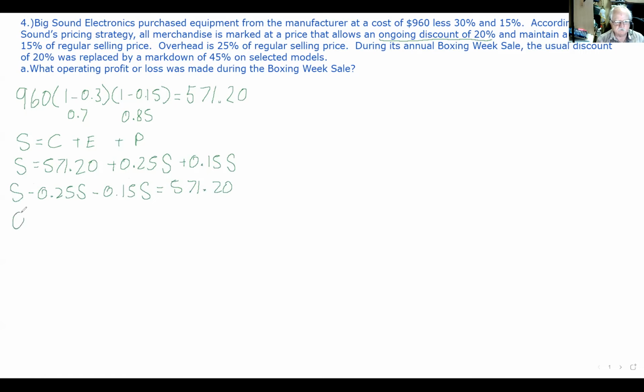This turns out to be 0.6 S equals 571.20. So that allows us to calculate S. What do we get there? That gives us a regular selling price of $952. And now we can calculate the artificially inflated price.